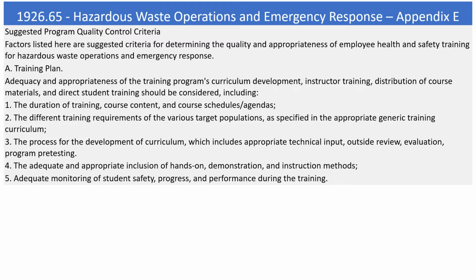The process for the development of curriculum, which includes appropriate technical input, outside review, evaluation, program pretesting. 4. The adequate and appropriate inclusion of hands-on, demonstration, and instruction methods. 5. Adequate monitoring of student safety, progress, and performance during the training.